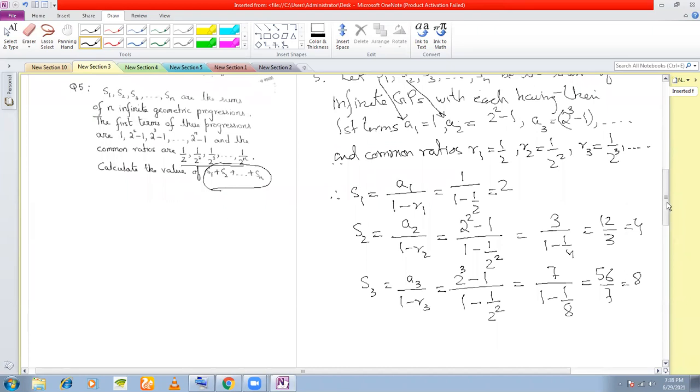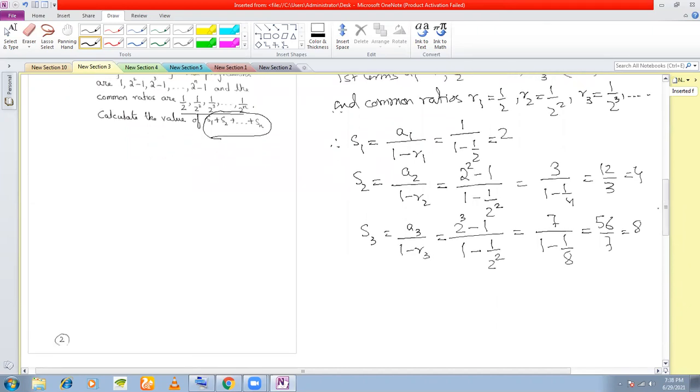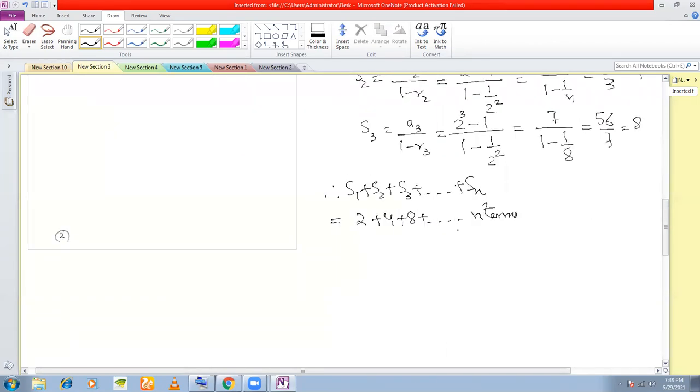So now see, the question here is to calculate the value of S1 plus S2 plus up till Sn. That is, you need to find out the sum of each GP. You need to calculate this sum, S1 plus S2 plus S3 plus up till Sn, right? What is this sum? S1 here is 2, S2 here is 4, S3 here is 8, and so on up till n terms, right? Now you see, this is a GP series, isn't it?